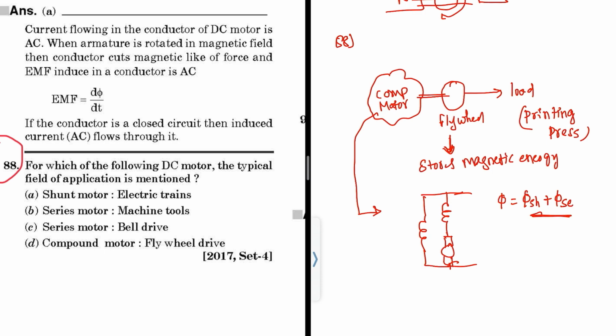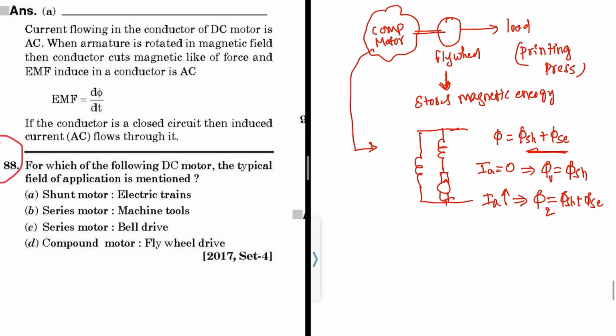During no load condition, the only flux is phi sh. When the load is increasing, the flux is phi sh plus phi sc. Let it be phi 1 and phi 2, so phi 2 is greater than phi 1.